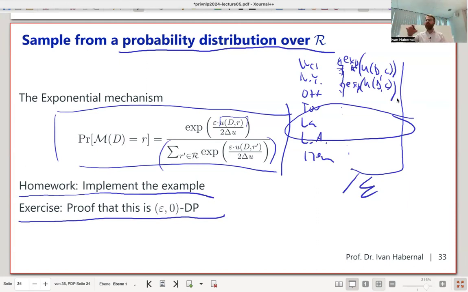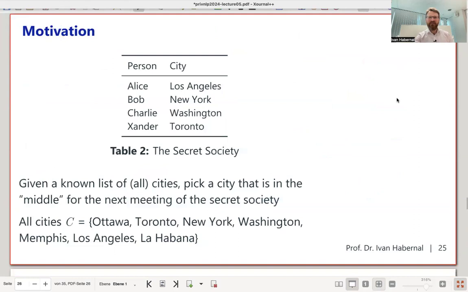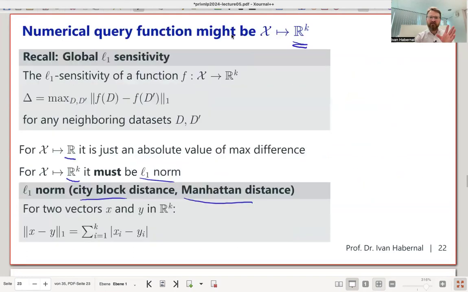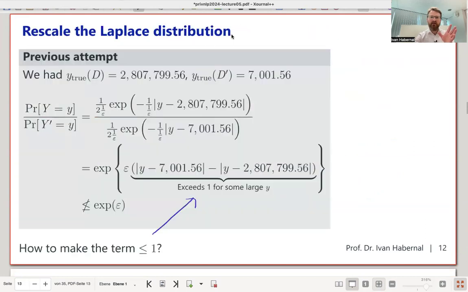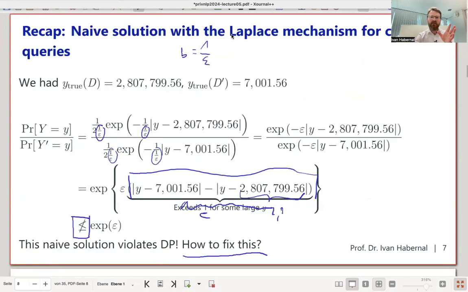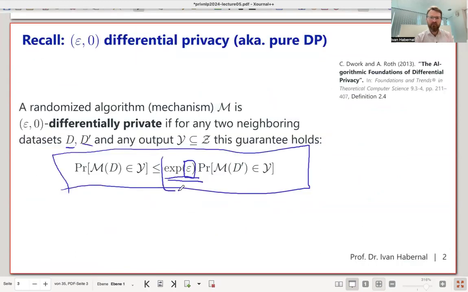And even if these three guys, Alice, Bob, and Charlie, get together and collude against Alice, the chances that we will release information about Alice will be bounded by this.